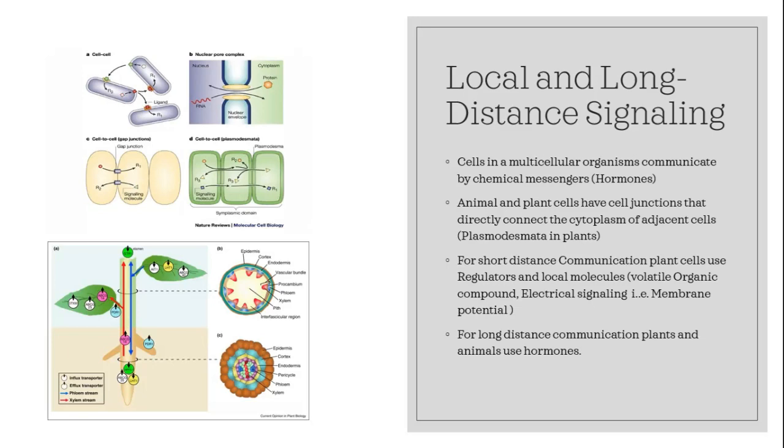Now there is one very particular example of long distance communication. You must have heard that animals can transfer their hormones from the brain to various organs. Plants can also transfer their hormones from tissue to tissue.